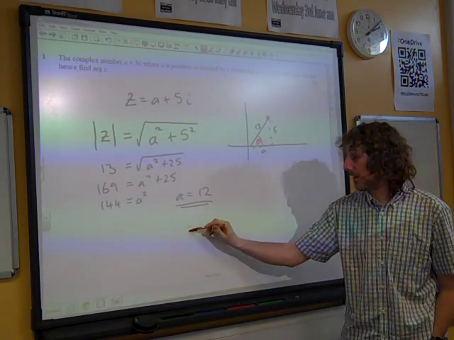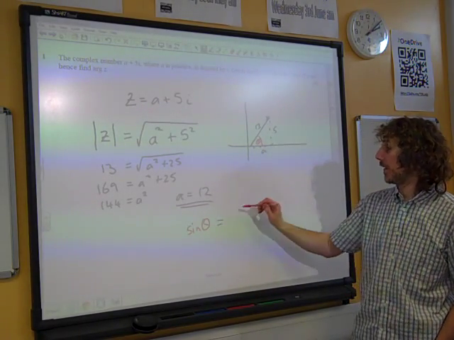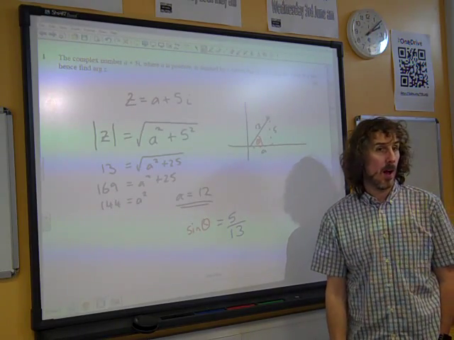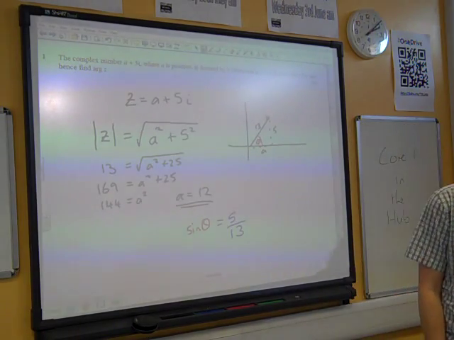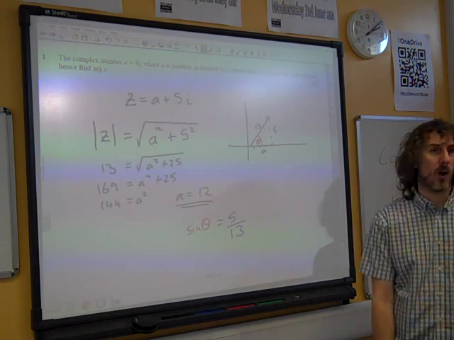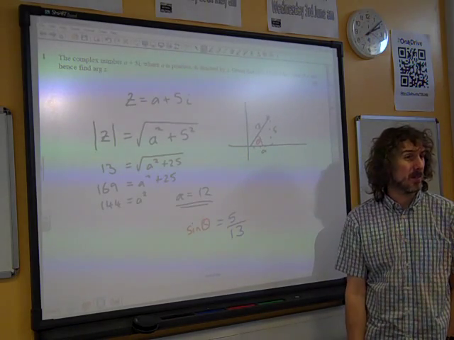But let's do sine theta, opposite over hypotenuse, for the simple reason that doing it with sine has a little bit of an advantage. If we've got a wrong in the first part, then we're not using a value that is wrong.